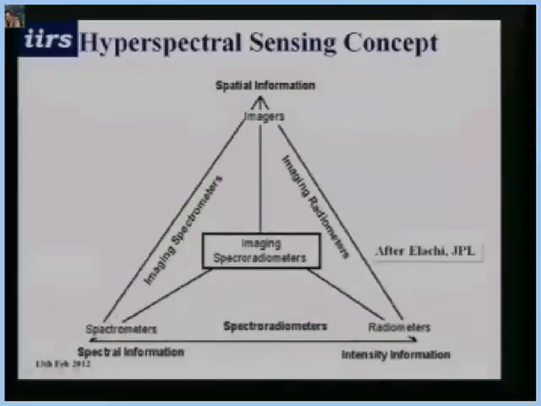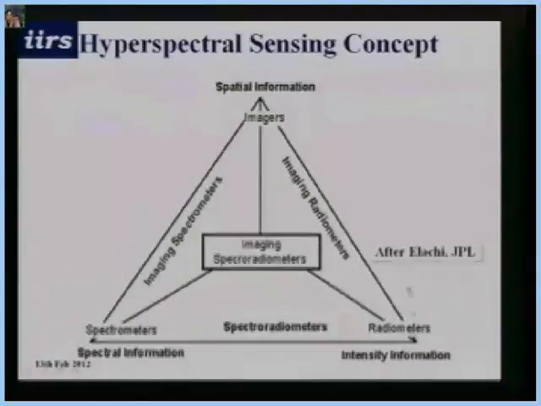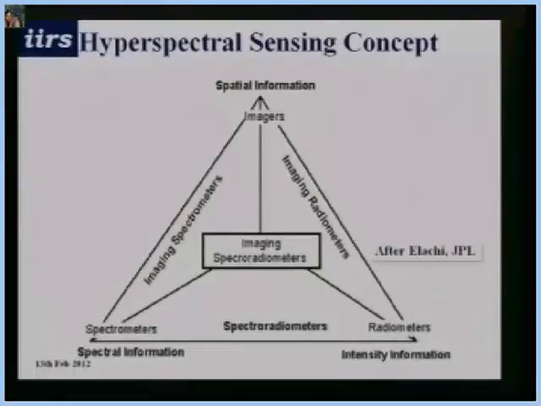The spectral information combined with the spatial information gives you the imaging spectrometer, which is your hyperspectral remote sensing instrument. If we combine the spatial with the radiometer, where the wavelength is predefined, or what we call a broadband wavelength, it is the imaging radiometer. And the combination of spectral and radiometers are the spectroradiometers. Basically, these are the ground measuring instruments.